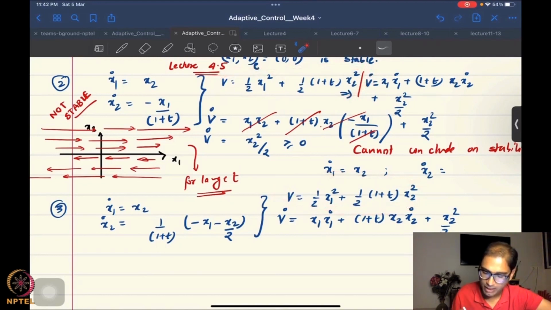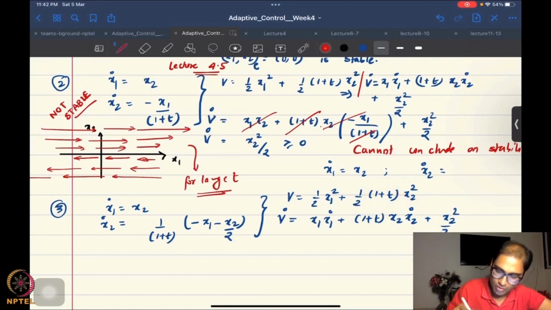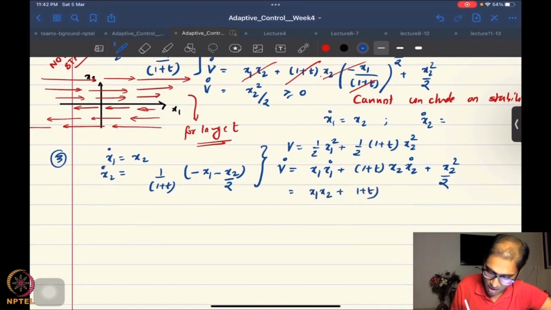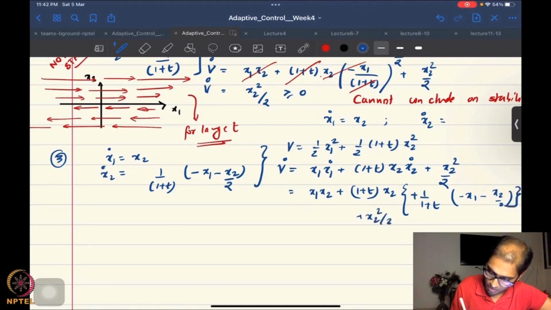I take the derivative, it is x1 dot plus 1 plus t times x2 dot plus x2 squared by 2, where I've taken the derivative of this with respect to time. Now, if I substitute for the derivatives from my dynamics, this is x1 x2 plus 1 plus t times x2 dot. So this is minus x1 minus x2 over 2 plus x2 squared by 2.